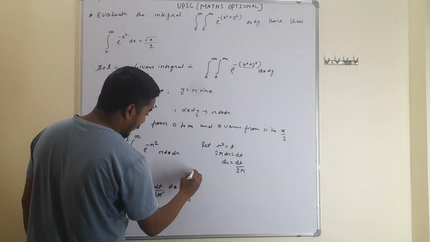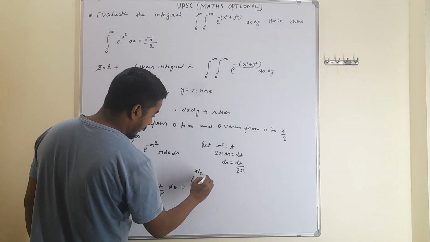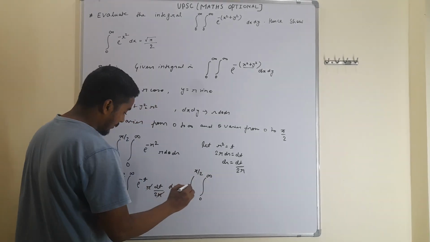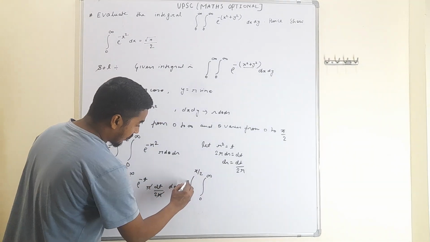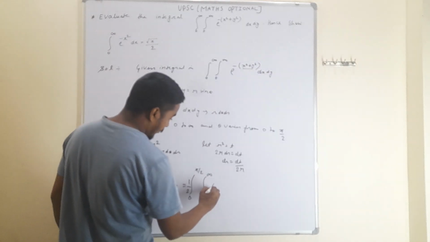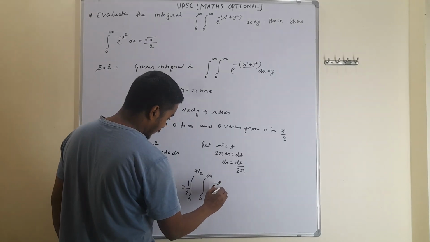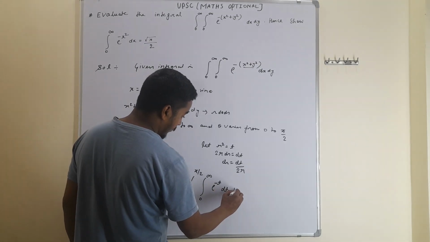That is the integration of 0 to pi by 2 and 0 to infinity, with 1 by 2 common out, of e to the power minus t dt d theta.